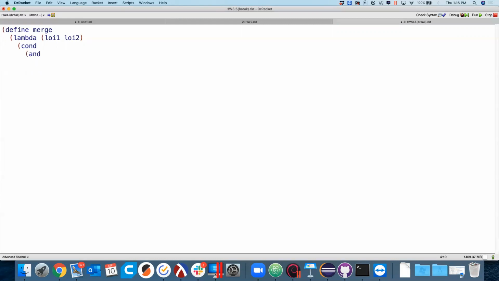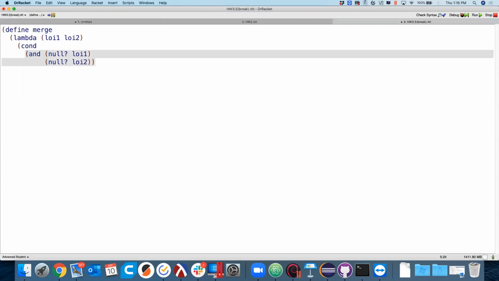So we'll say, and null LOI1, null LOI2. If both of those things are true, then we'll just boil down to the empty list, right? That's our end condition. We've placed everybody.